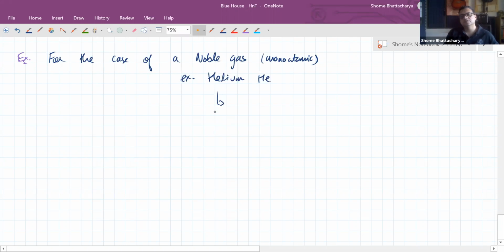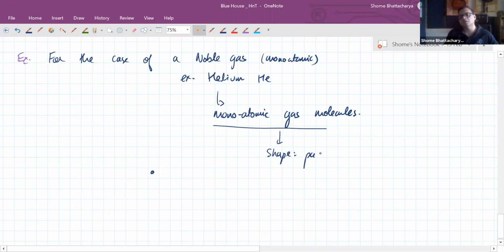It has monoatomic gas molecules, so the shape of the gas molecule is a particle, a single atom. So you can think of it like a point mass. If it's a point mass, what about the moment of inertia? We have done moment of inertia in rotation. It's tending to zero.